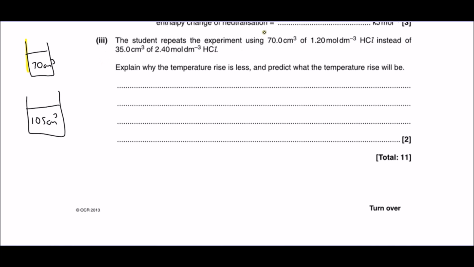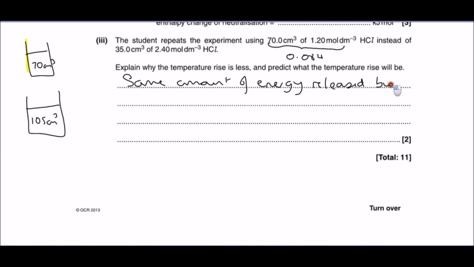However, even though the volumes increase, we've got the same number of moles of HCl, so this is still 0.084 moles. So we're going to say that the same amount of energy is released, but it is spread over a larger volume.